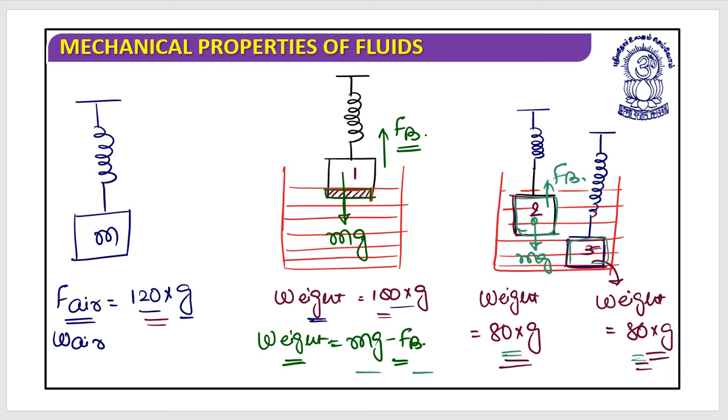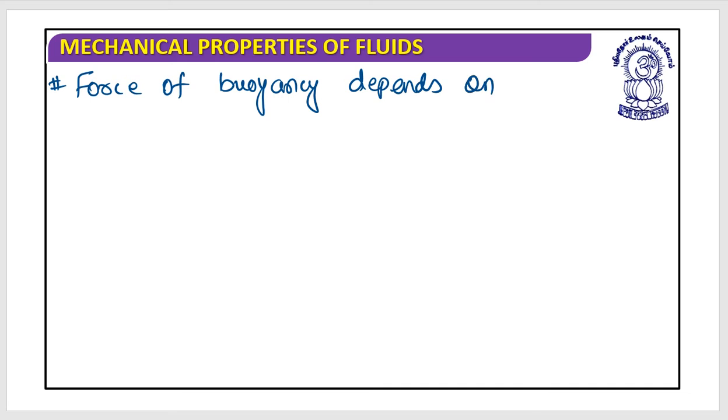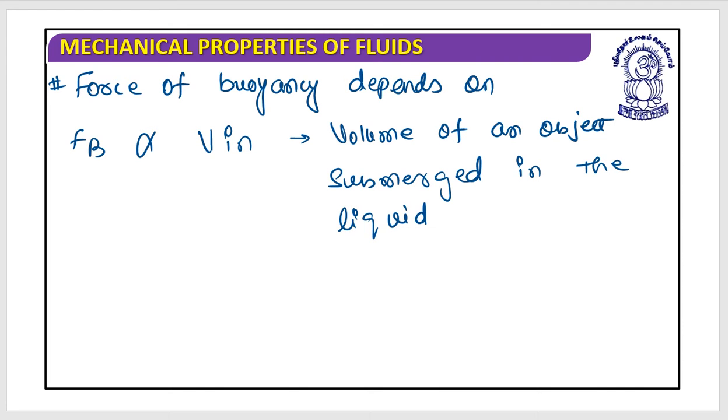As we have gone through many experiments, we came to the conclusion that the force of buoyancy is directly proportional to V in, the volume of an object submerged in the liquid. It is the volume of an object that is submerged in the liquid.